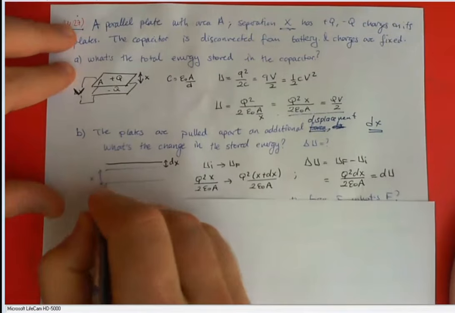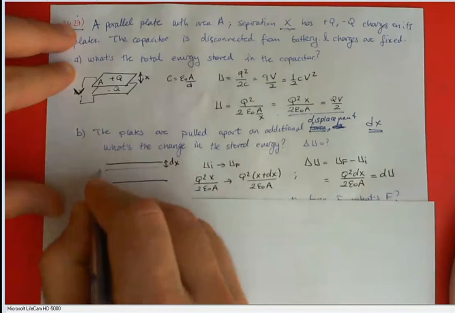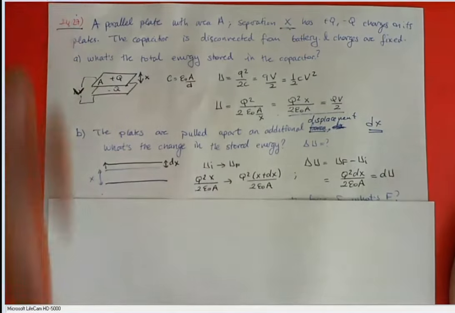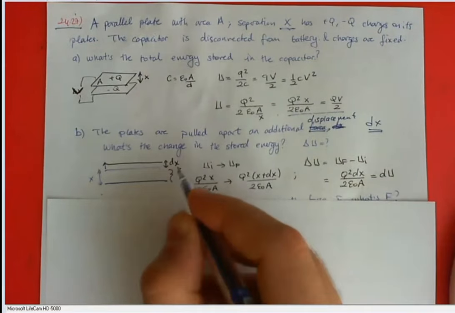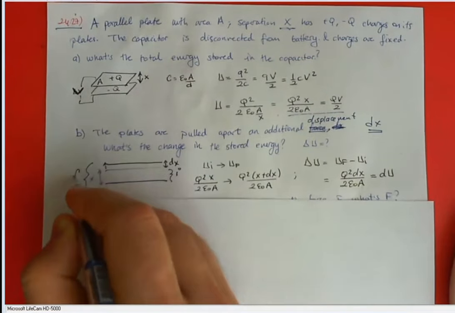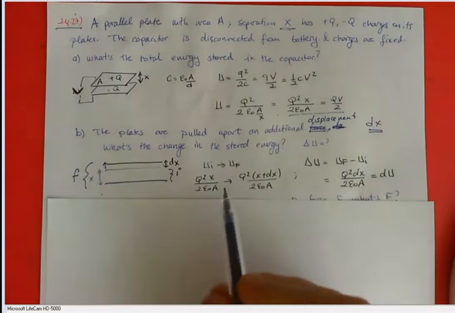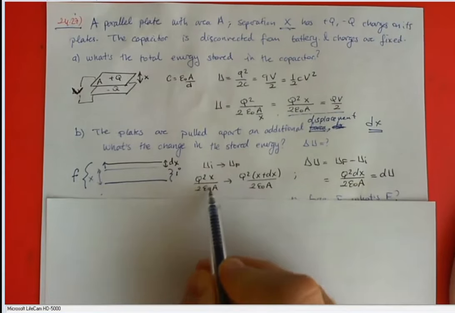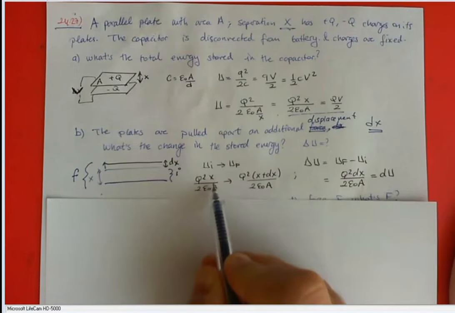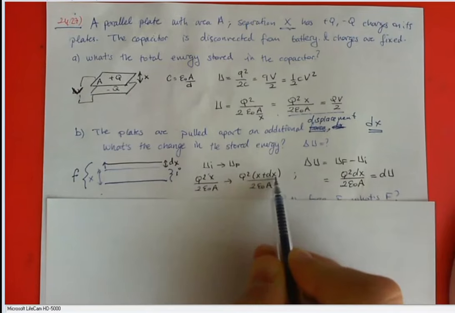All right, so initially it was here, it was x distance away, and then you just pulled apart another dx distance. So this is the initial picture, and that is the final picture, right? So U initial goes to U final, and the only difference between these two is the separation between the plates, and one of them is x and the other is x plus dx.